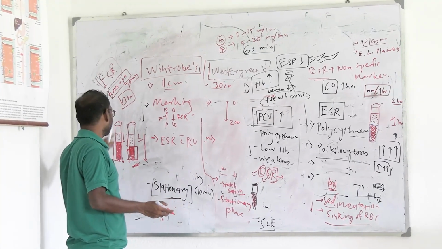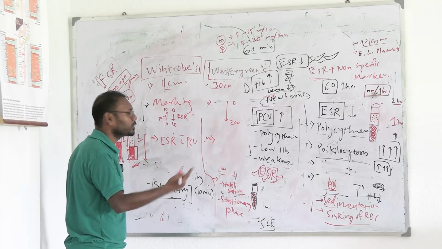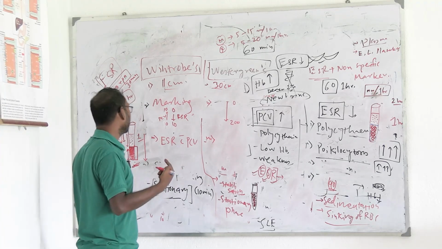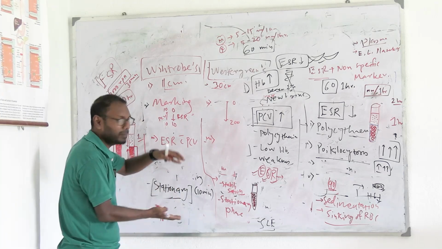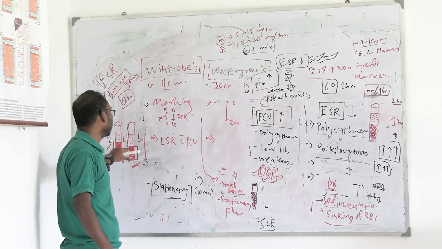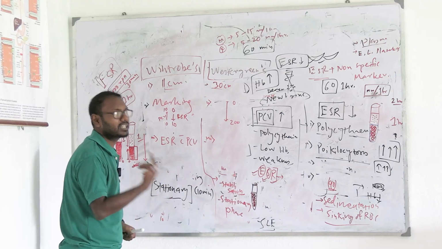So that's why you cannot measure the PCV here. But in this case, since you are using the centrifugal machine, you can measure PCV also. If you want to measure your PCV, you have to use a centrifugal machine.